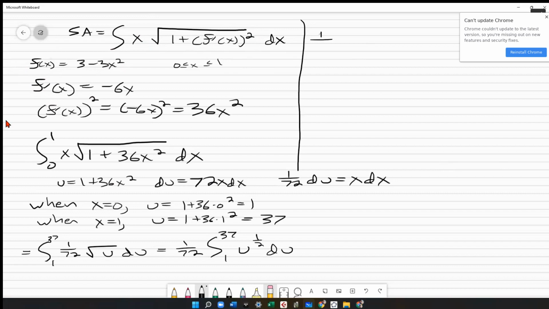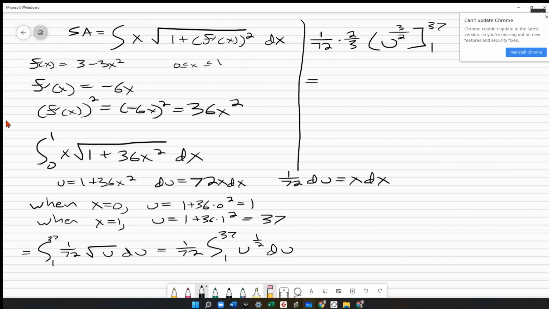So that's 1/72 times power rule for integrals. Power goes up by 1, and you divide by the same number, which is the same thing as multiplying by the reciprocal. So this is going to go up to 3/2, which means we have to multiply by 2/3. Dividing by 3/2 is the same as multiplying by 2/3. And that is going from 1 to 37.